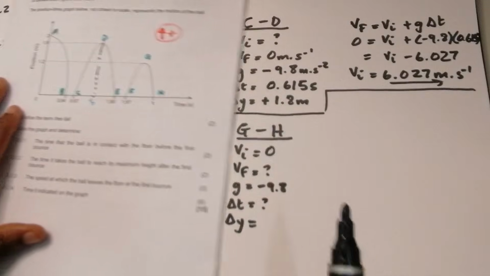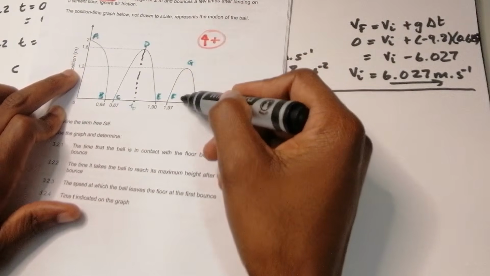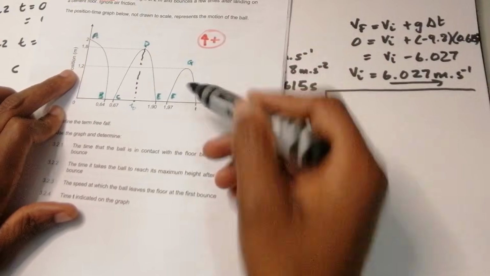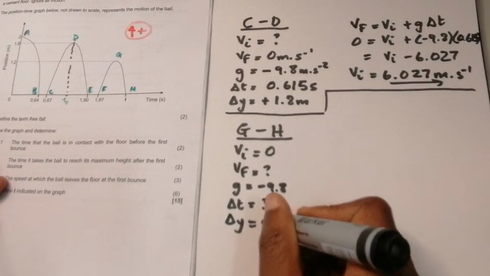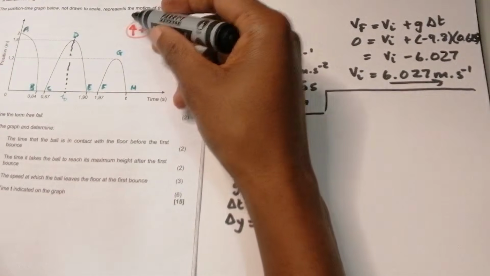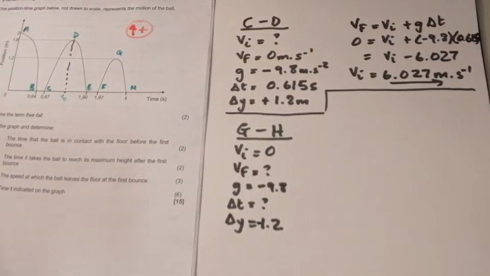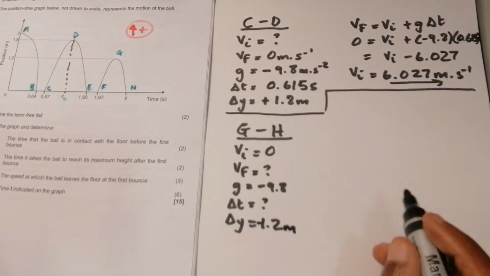Notice they said it started at 1.2, right? And it got to 0. So it was displaced 1.2 meters downwards. Remember we said up is positive, so yes, you guessed it, this must be negative 1.2 meters.